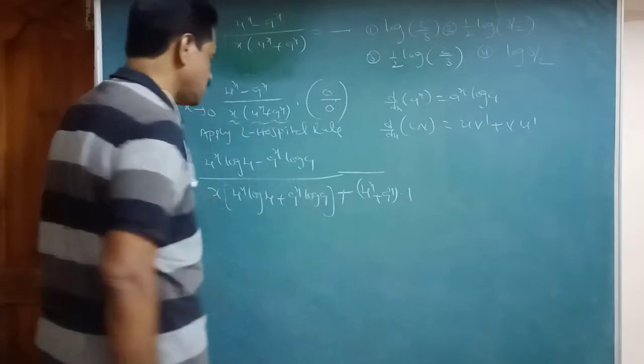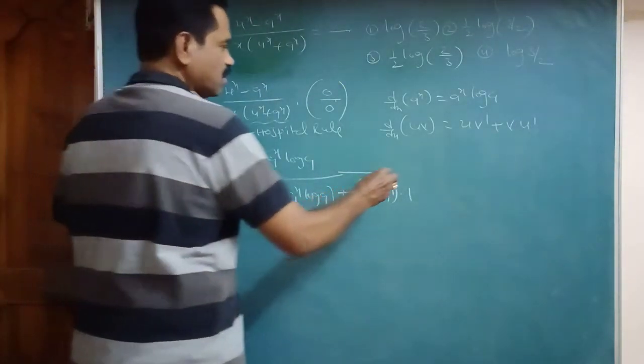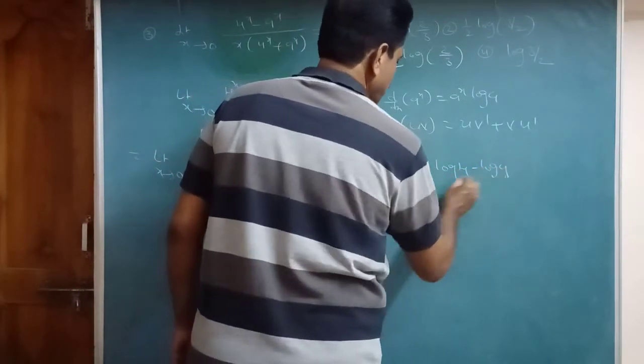X derivative is how much here? 1. Now x equal to 0 substitute here, numerator will become log 4 minus log 9.